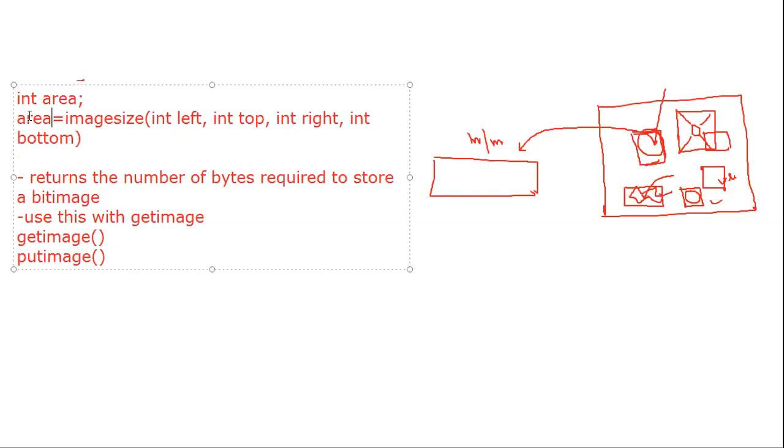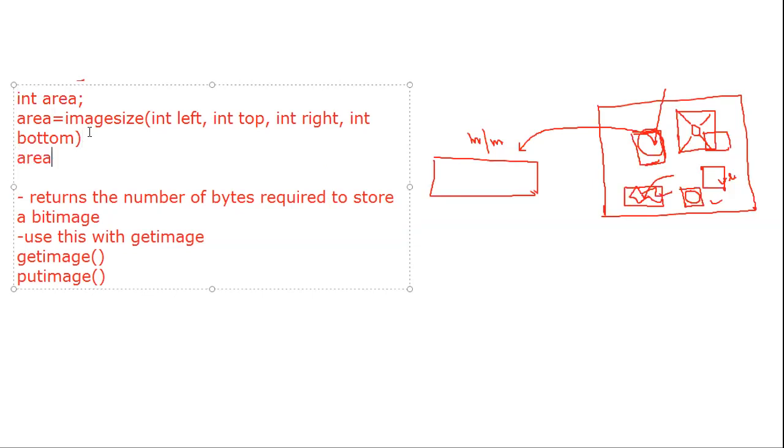Whenever we pass the values of left, top, right and bottom, imagesize will give the memory required to store this image. It returns the number of bytes required to store a bit image. If I rewrite it in terms of values, area would be equal to imagesize, taking an example, 60 comma 60, then let's say 100.